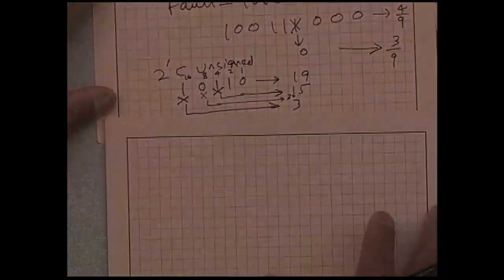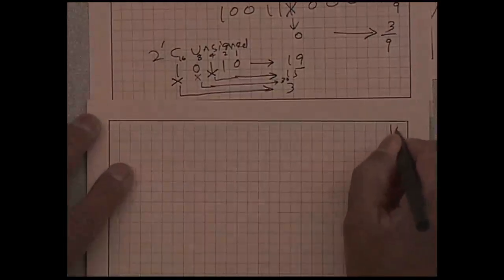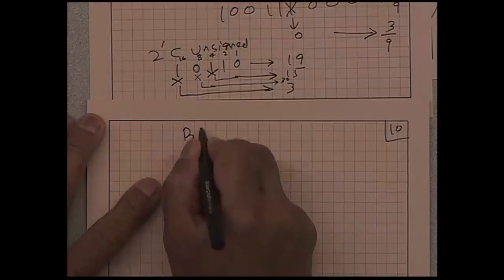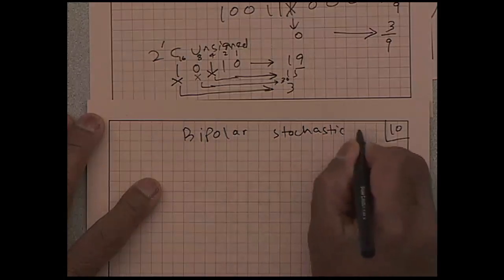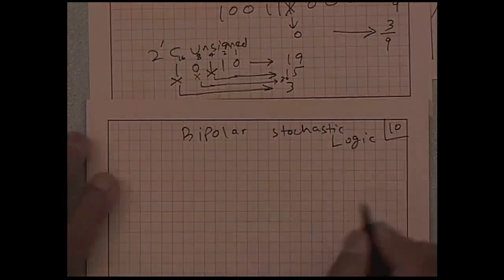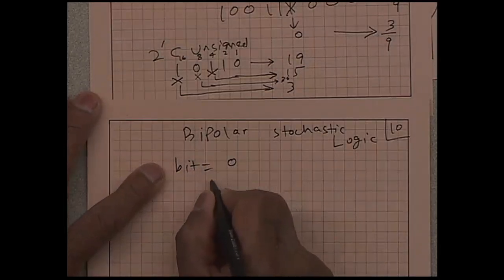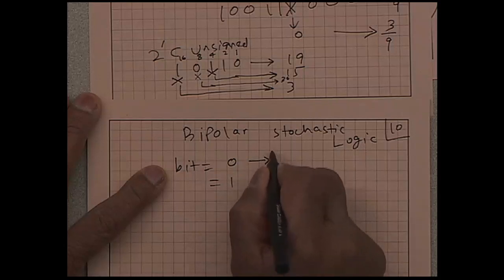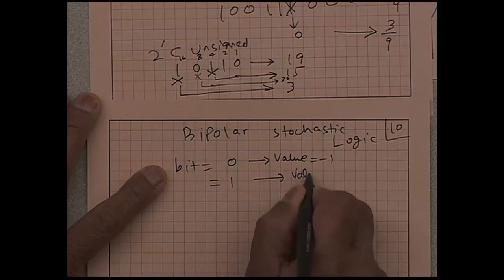So let me switch gears a little bit and talk briefly about bipolar stochastic logic. So now we will assume that each bit equal to 0, so when the bit is 0, what is the value? -1. And the value here is +1.